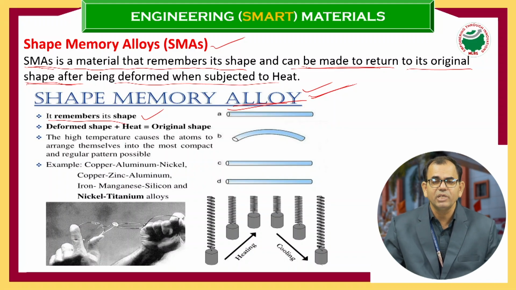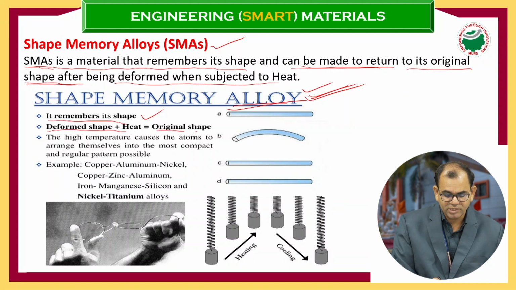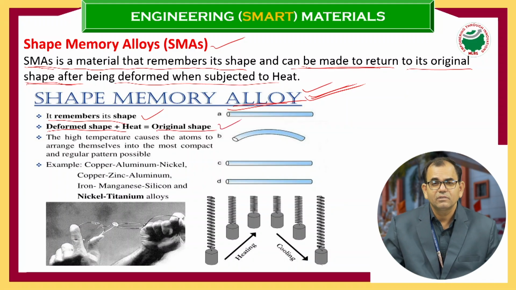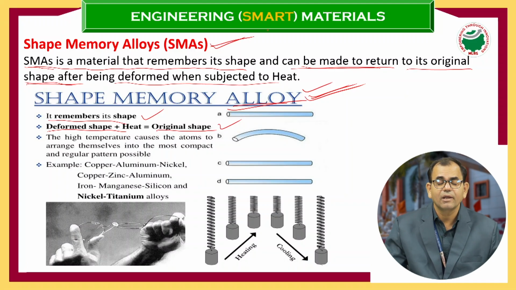That's why it is called a shape memory alloy. Deformed shape plus heat gives the original shape. Upon applying heat, it might be deformed, but when we take away the temperature, it goes back to its original position. That's why we call it a shape memory alloy.